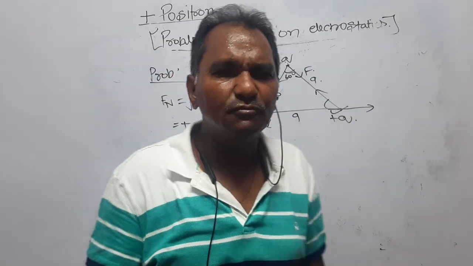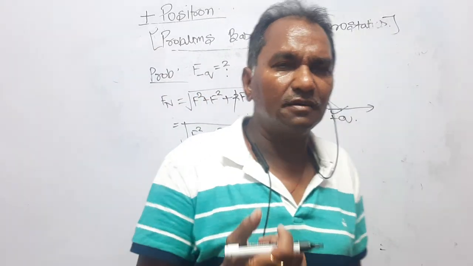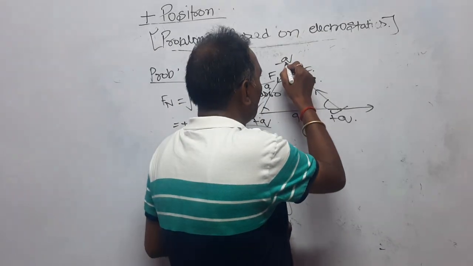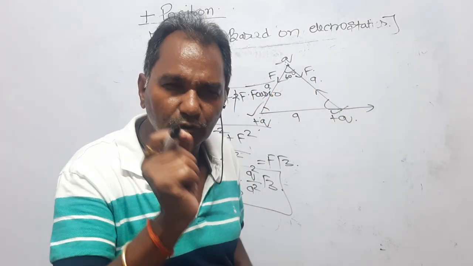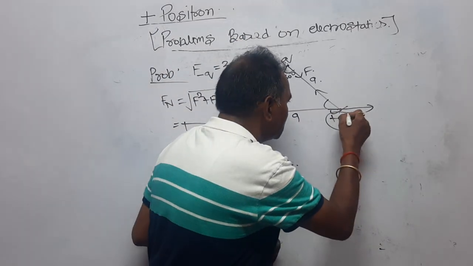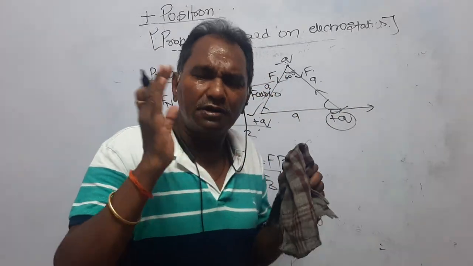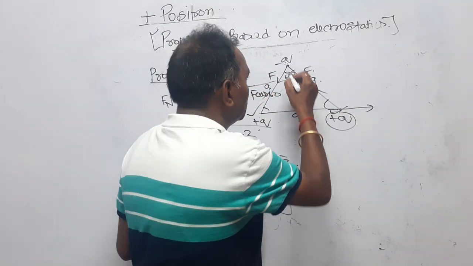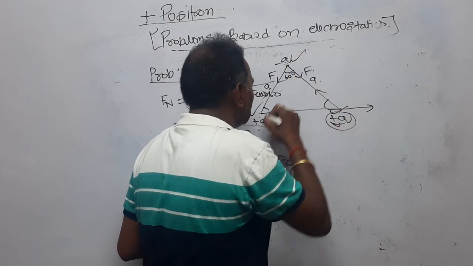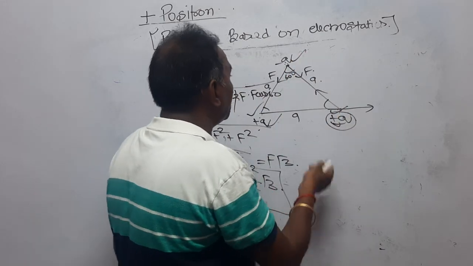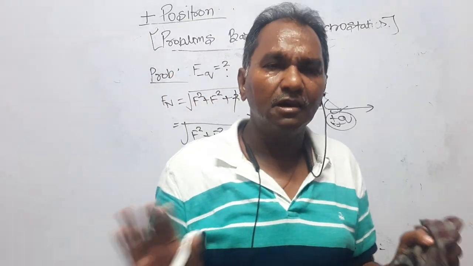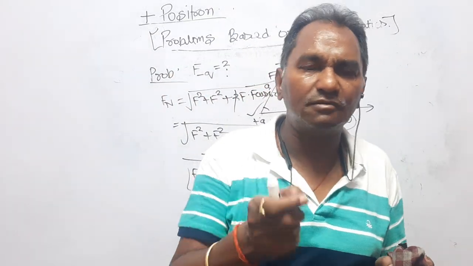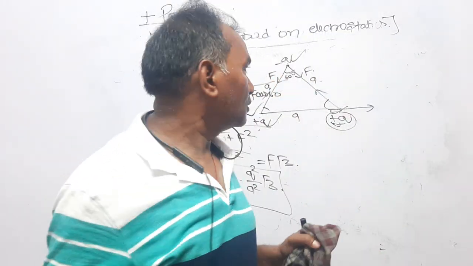Dear students, sometimes we get confused about what force will act on this charge due to this one. If you are going to find out the force acting on this very charge, you have to consider what force acts on this charge due to the other two charges. There is no need to consider what force acts on those charges due to this one, right? You do not have to consider that point.